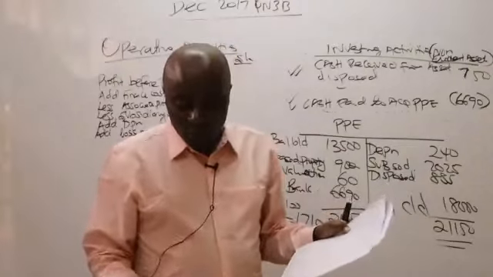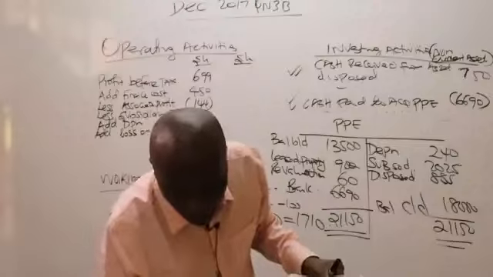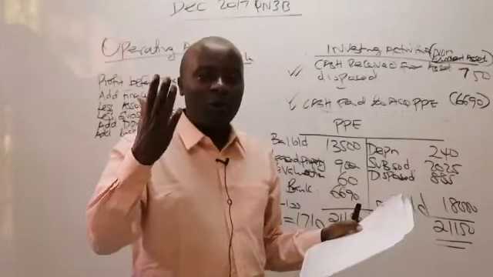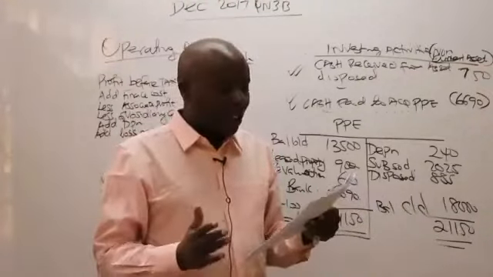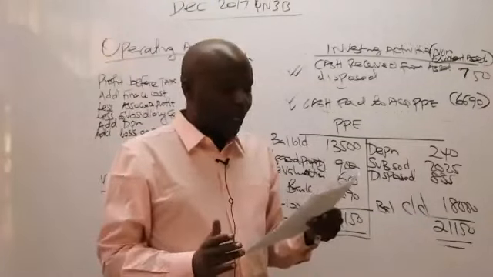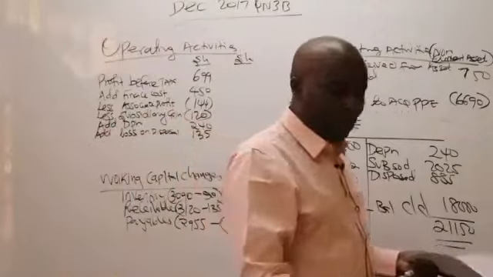So I would want to know, when I disposed this subsidiary of mine, how much cash did I receive? Because it's a cash flow I'm more interested in. The cash that was received.